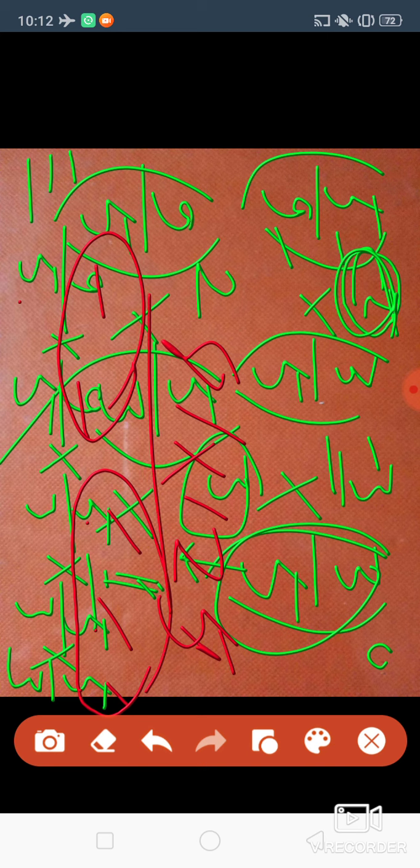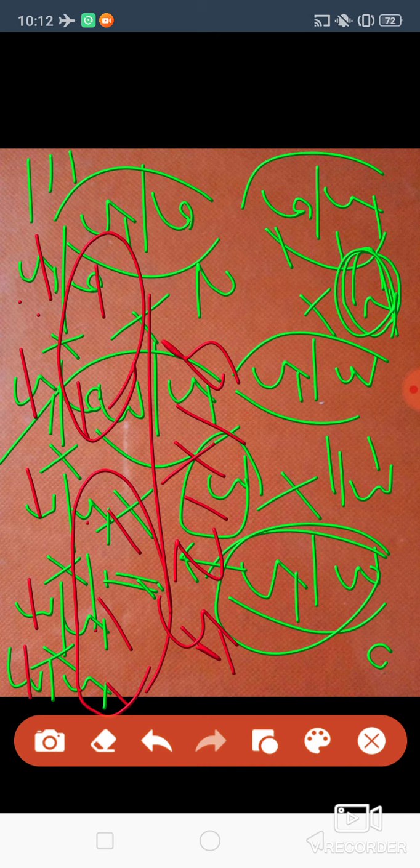In the denominator, 5 into 5 is 25, and 3 into 3 into 3 is 27. Then multiply the whole thing and see what you get.